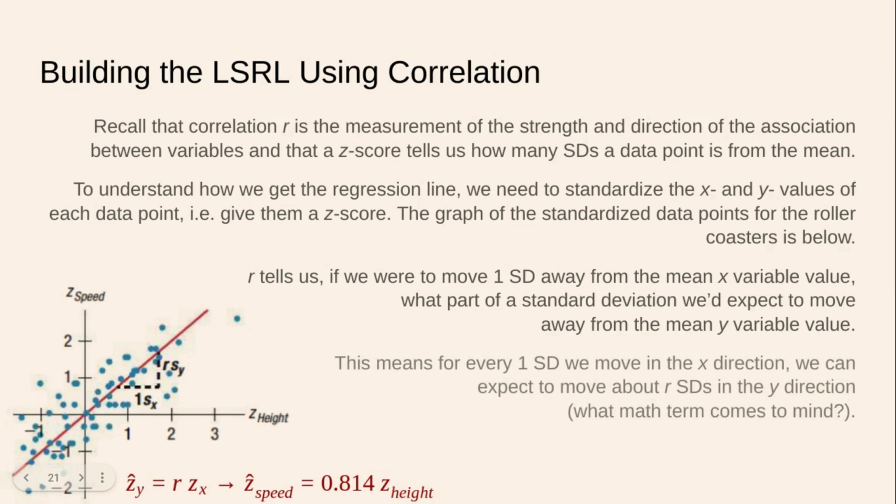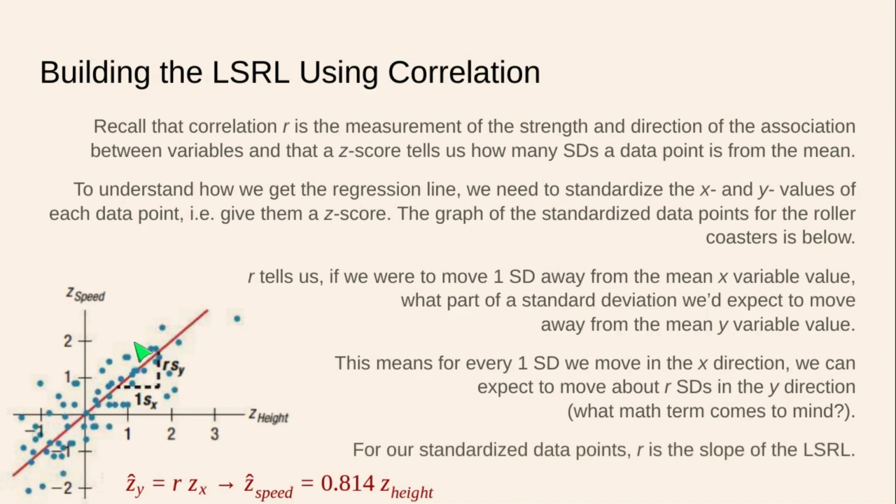Okay? So, in other words, that means for every one standard deviation I move in the x direction, I can expect to move about r standard deviations in the y direction. It looks like a little rise over run is happening here. And the math term that comes to mind is slope.